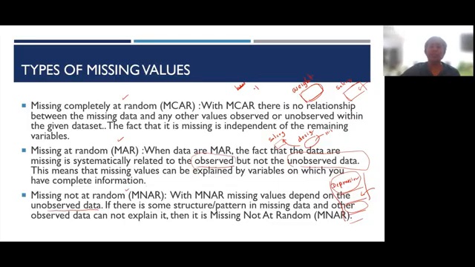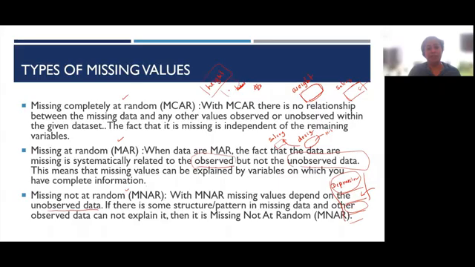Height is not usually something people withhold, unless someone is very short, they might not give it. So this value is not related to another value, and it's not related to itself also. Its missingness is completely random. It's not related to other values, or to itself.